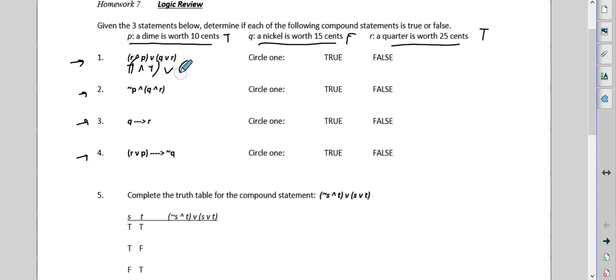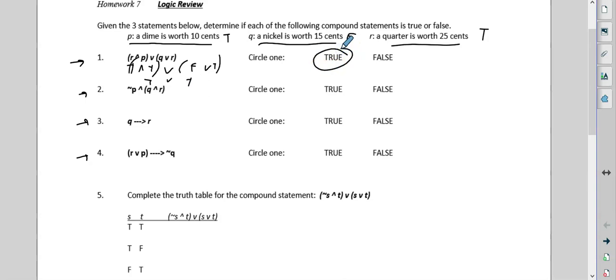Or we have Q or R, false or true. Now we evaluate true and true. That's the only time we get a true with this and statement. Or false or true is true. And now we have true or true, which is true.